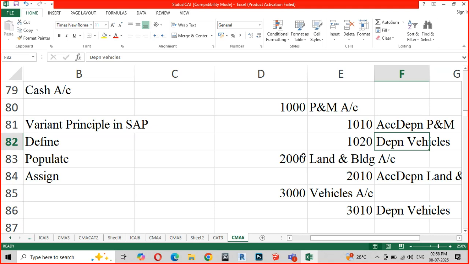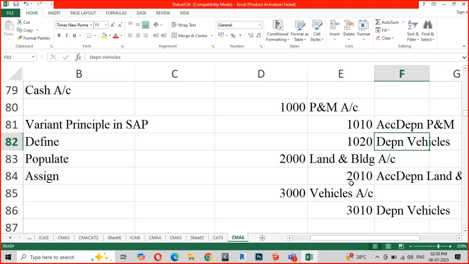Every asset transaction pertaining to plant and machinery starts with 10. Every asset related transaction with regard to land and building starts with 20. Vehicles 30. You may have furniture and fixtures 40. So do you see the logic?